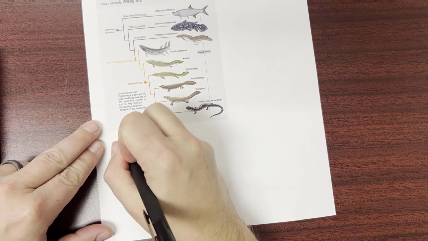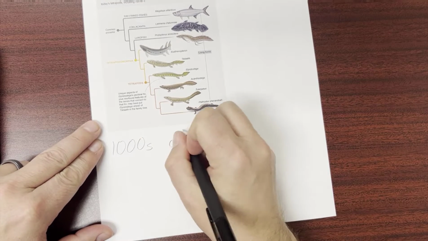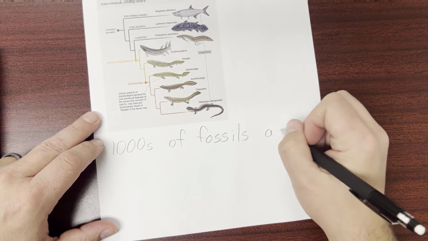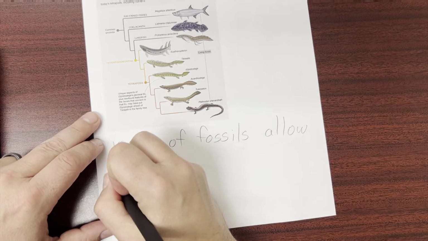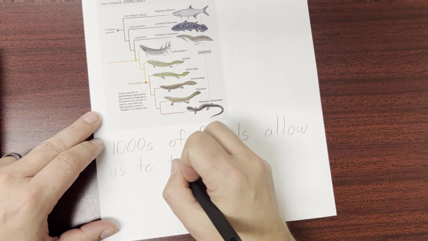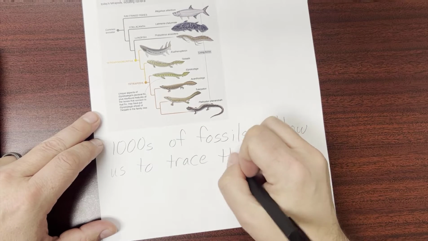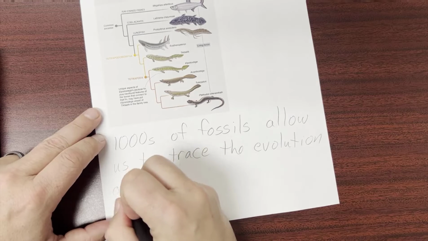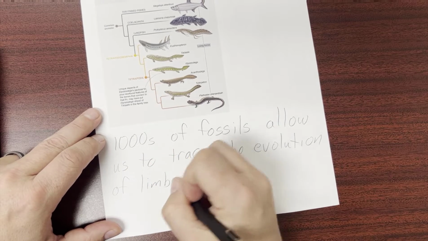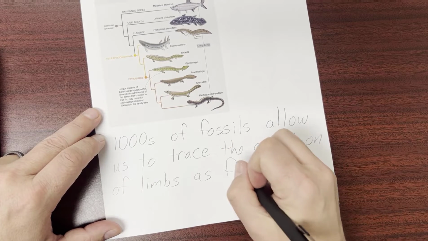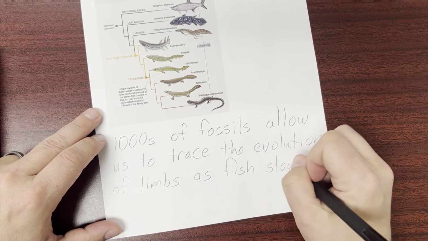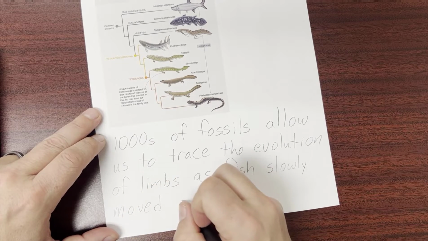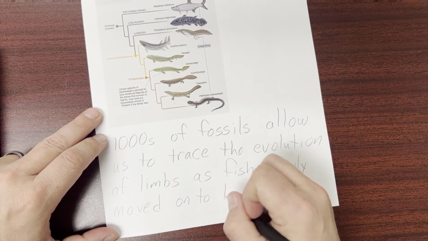And there are thousands of fossils that allow us to trace the evolution of limbs as fish slowly moved onto land.